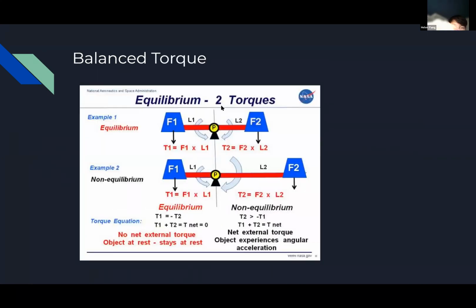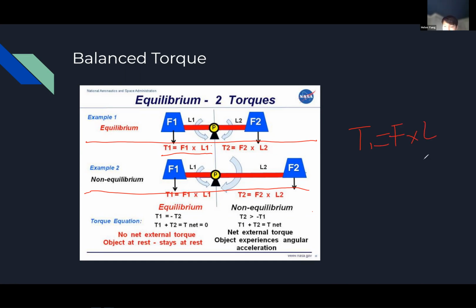So here, this is a balanced torque, at equilibrium, and this is a non-equilibrium torque. For the equilibrium torques, you see right here, the torque for this one is equal to the force times the distance times sine 90, because it's already perpendicular.